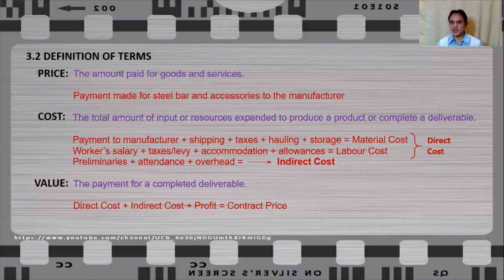So that is the value of your works. So again, to recap, price will be defined as what you pay. Cost is what you spend. And value is what you get. So please do not interchange or mix-use these terms, because each term has a different meaning.